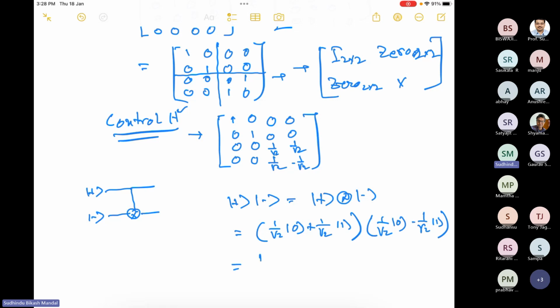Now, if I compute there, half of, there will be 0, 0. 0, 0 means 0 tensor with 0. 0, 1. Sorry, that will be the minus 0, 1 plus 1, 0 and minus 1, 1.